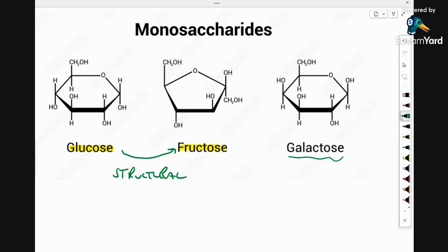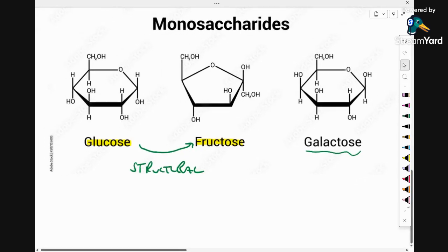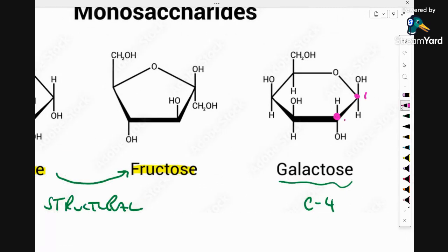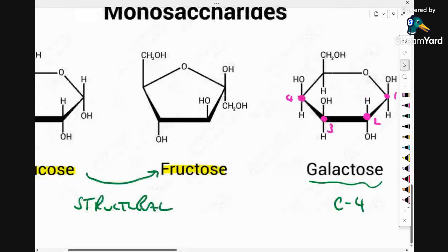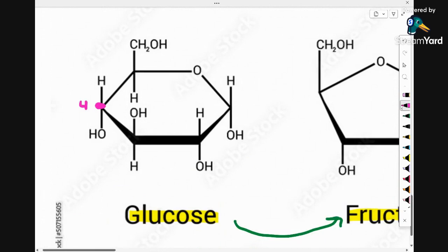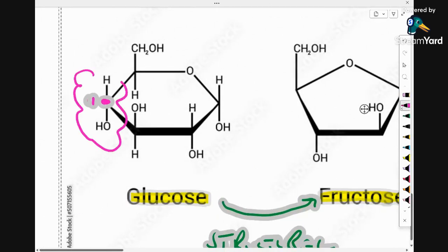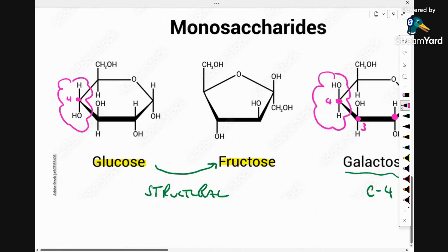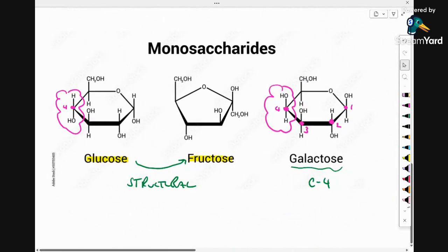The difference with galactose is, as we said, on carbon 4. If we number the carbons, this is carbon 1, this is carbon 2, carbon 3, and carbon 4 is on the left-hand side here. So again, carbon 4 is this one here. Hopefully you can appreciate that whether the hydroxyl group is on the bottom or the top indicates whether we are looking at glucose or galactose.